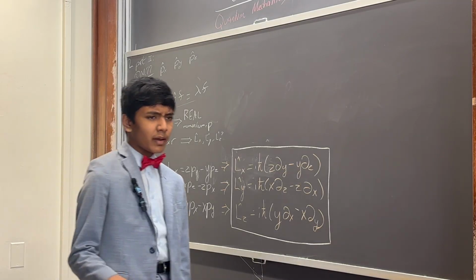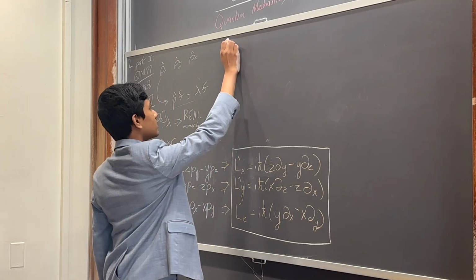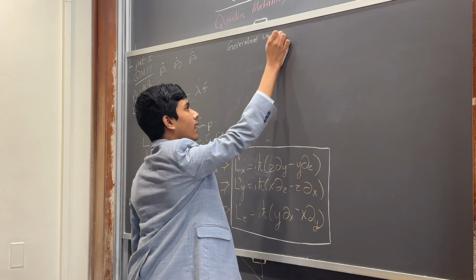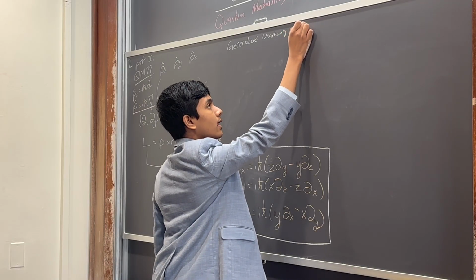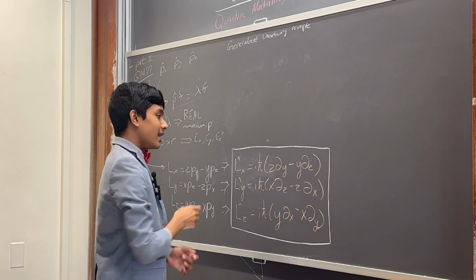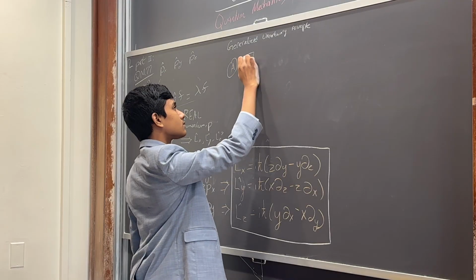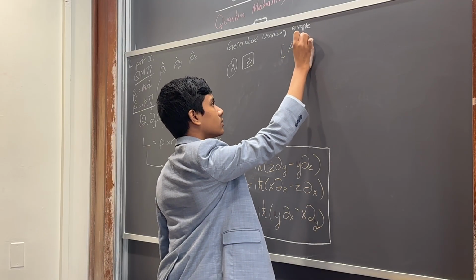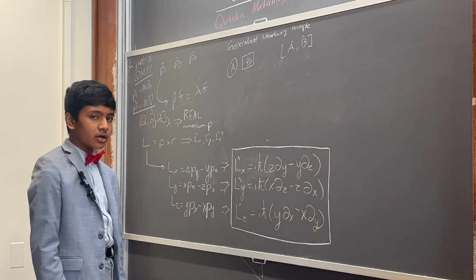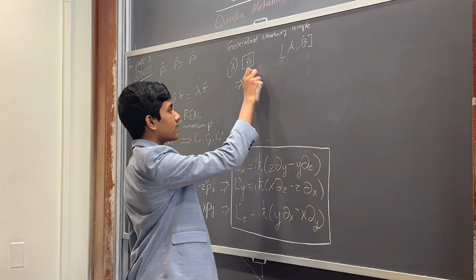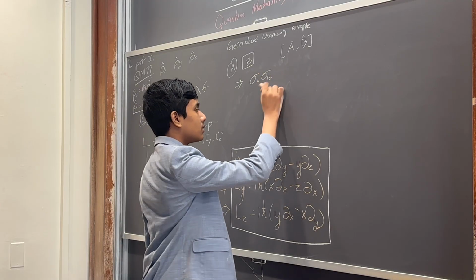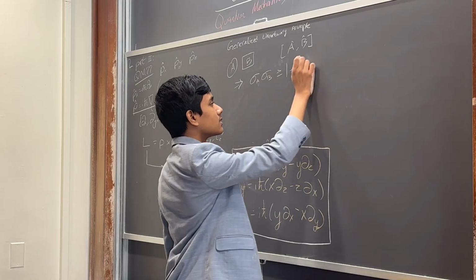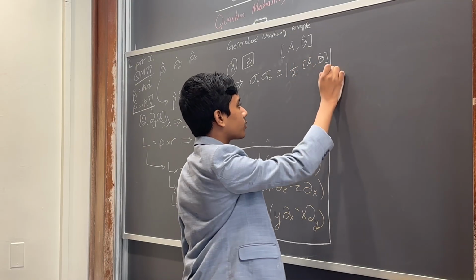Now, if you remember the generalized uncertainty principle from a long time ago, it stated that if A and B are some observables, and we knew the value of the commutator of their corresponding operators, then the uncertainty with which we can measure both values has to be at least the absolute value of 1 over 2i times the commutator of the 2 operators.